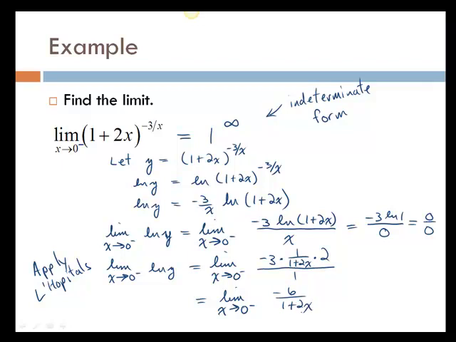So we've got the limit as x approaches 0 from the left of the natural log of y equals the limit as x approaches 0 from the left of negative 6 over 1 plus 2x.